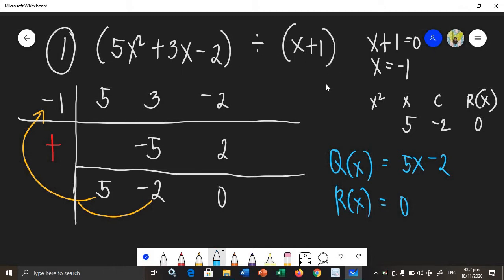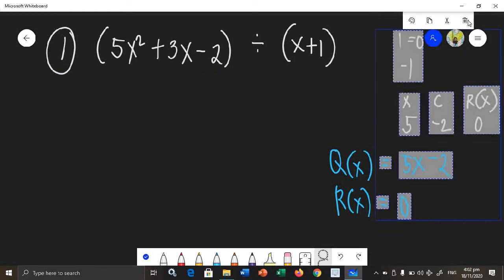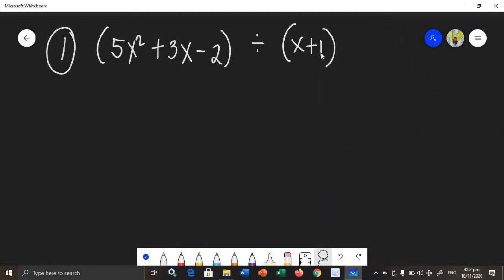But according to the remainder theorem, we can compute for the remainder without using either the division algorithm or synthetic division. How? Let's evaluate the p(x), or the polynomial or the dividend, using the value of the constant.